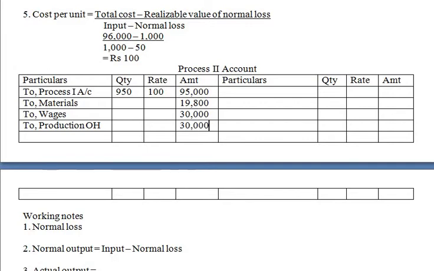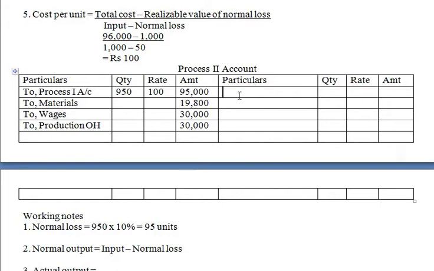Okay. Now we need to find out normal loss. Normal loss is on input. Input is 950 units and the rate is 10%. That will be equal to 95 units.